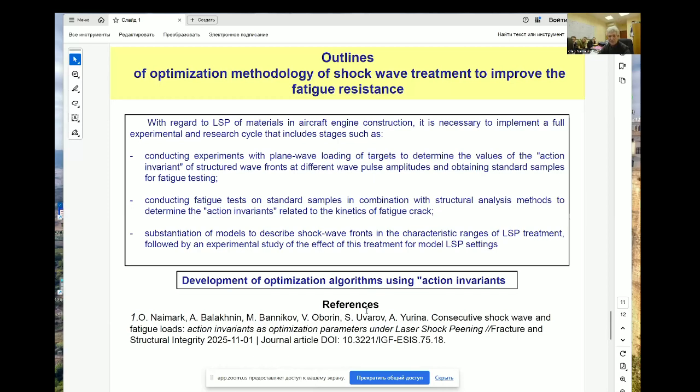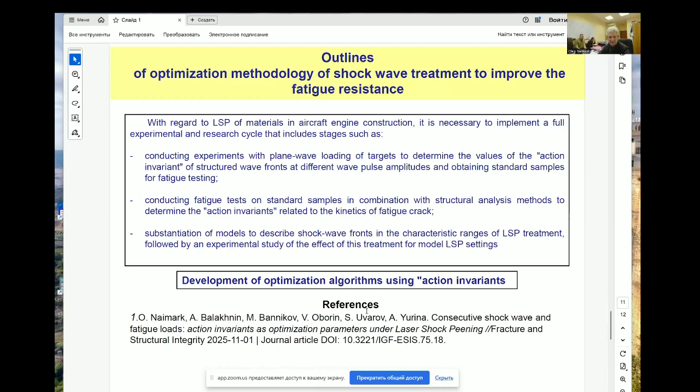I could outline our vision of an optimization methodology of shockwave treatment to improve fatigue resistance, which could include conducting experiments with plane wave loading of targets to determine the values of the action invariant of structured wave runs at different wave pulse amplitudes and obtaining standard samples for fatigue testing.